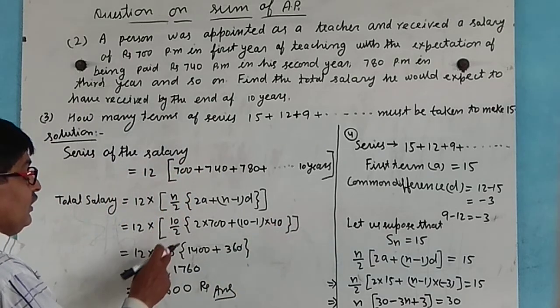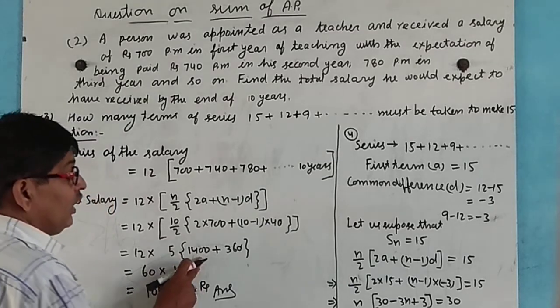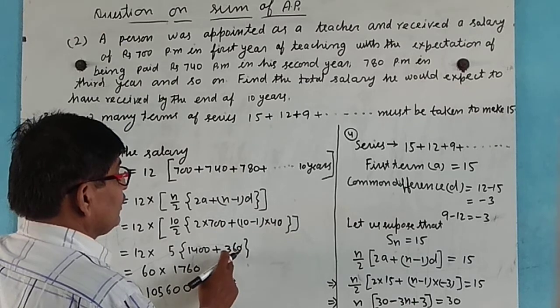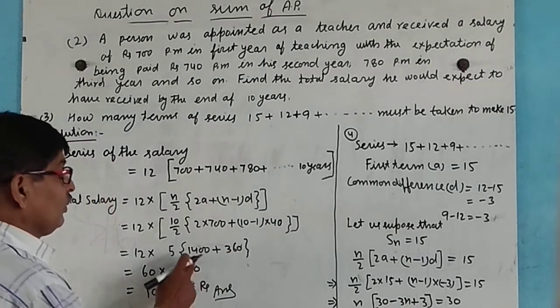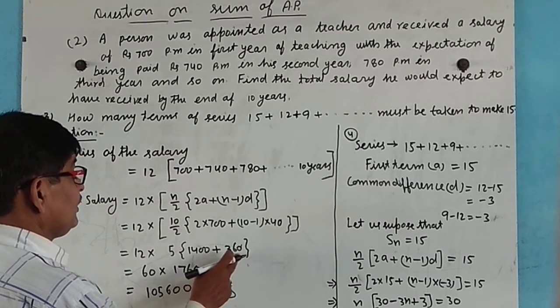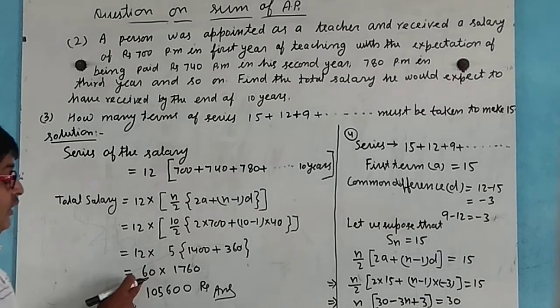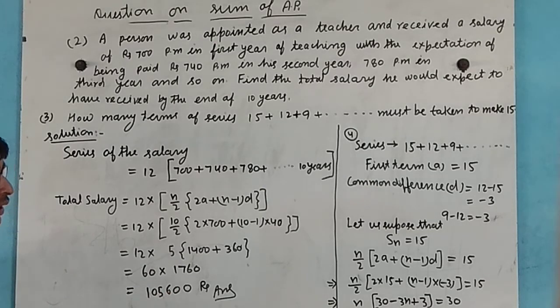Now this is equal to 5 into 1400 plus 9 fours are 36, 360 rupees. After multiplying by 12, we get 105,600 rupees. He received this salary after the end of 10 years.